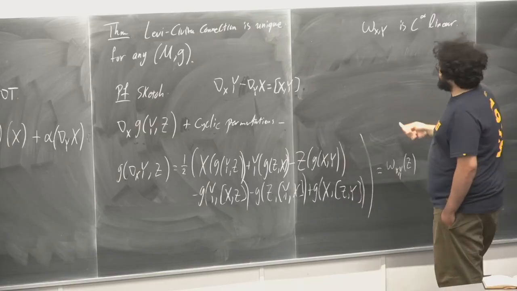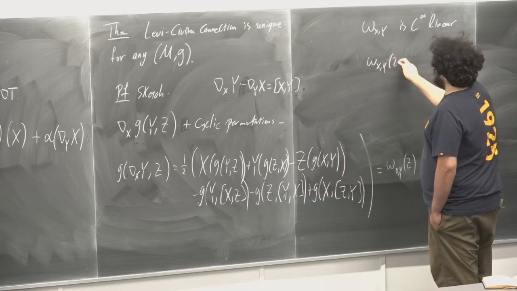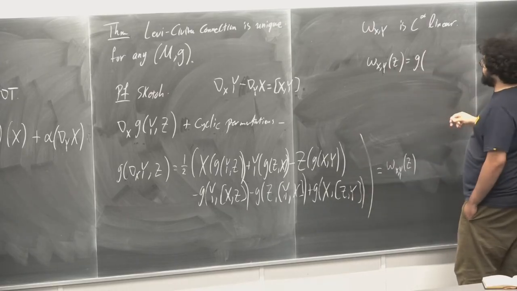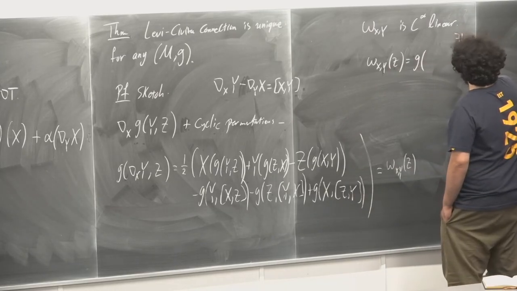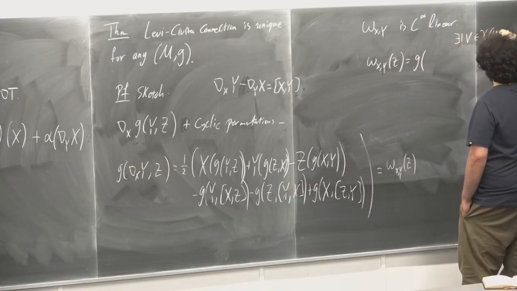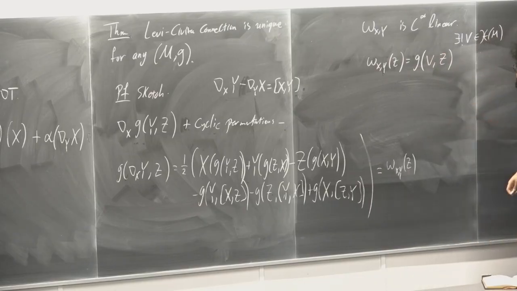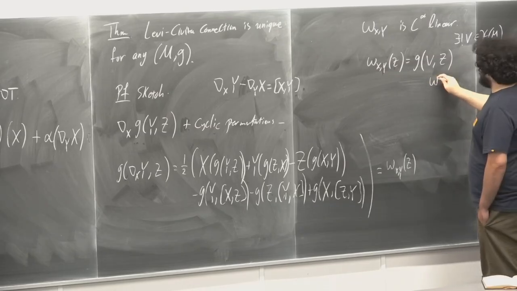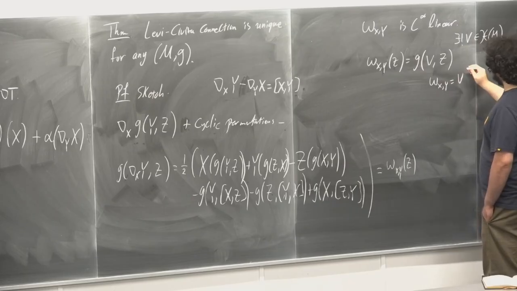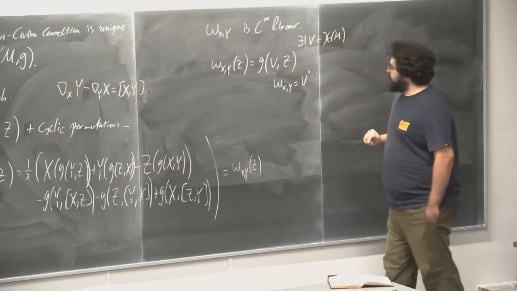And since omega x y is C infinity linear, we have this Riesz representation-like theorem that for this thing on z, there exists a unique vector field v such that this thing is equal to g of v, z. Or in other words, omega x y is equal to v sharp or flat, one of the 2, a musical isomorphism.